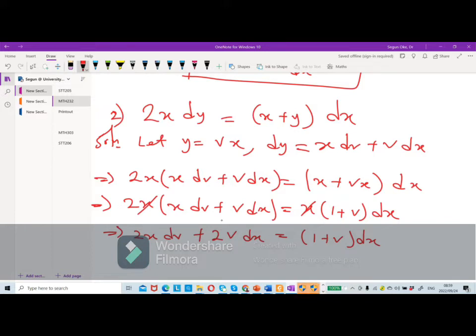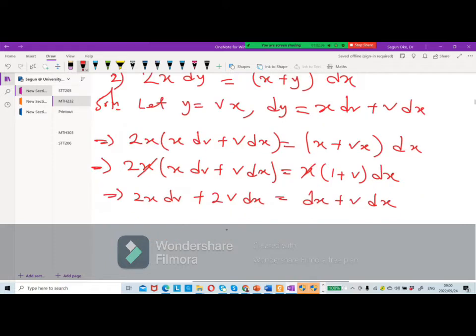Any question? So you can open the bracket of v dx also. Let me just open it once and for all so that we can be on the same page. x multiplied by 1, the x, plus v, the x. You discover that some things are also common.